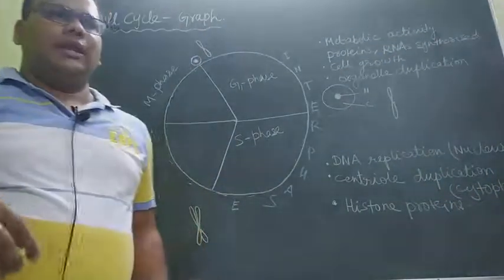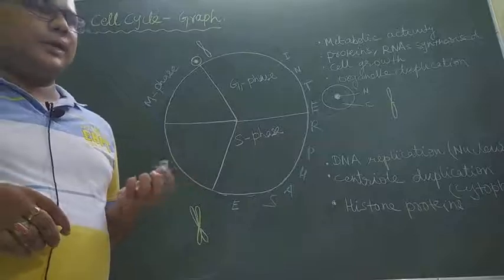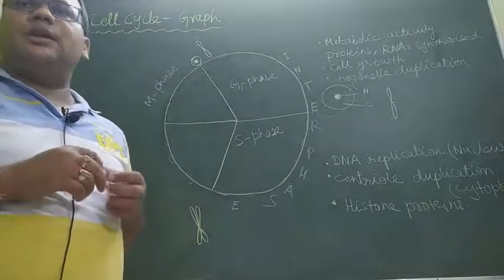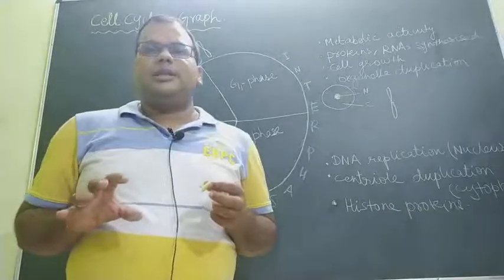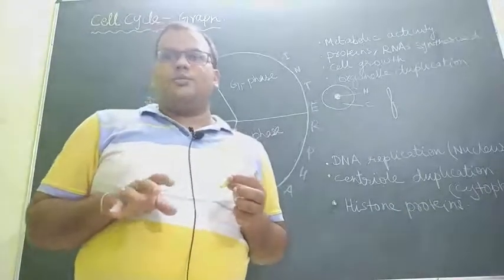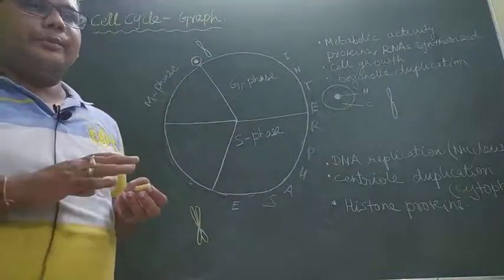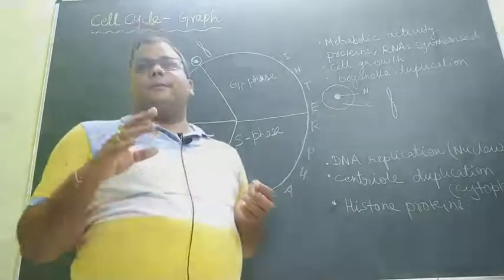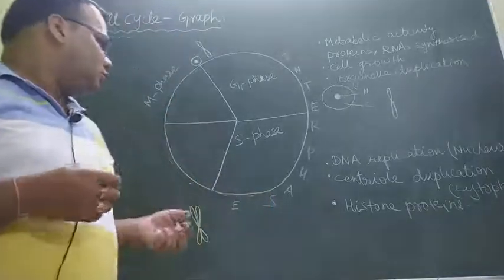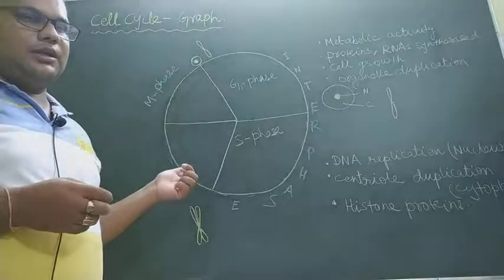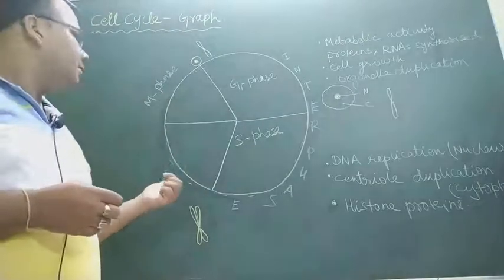Diploid means in every cell of our body the chromosomes are in pairs, meaning we have 23 pairs of chromosomes, 23 from maternal and 23 from paternal origin. So the chromosomes present in any individual are in paired form.